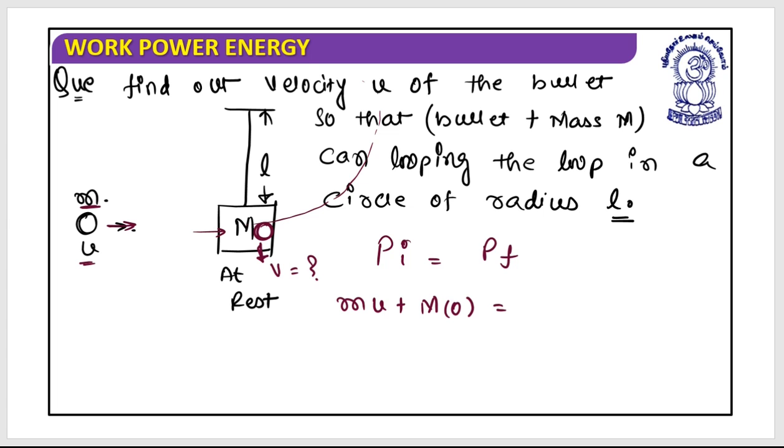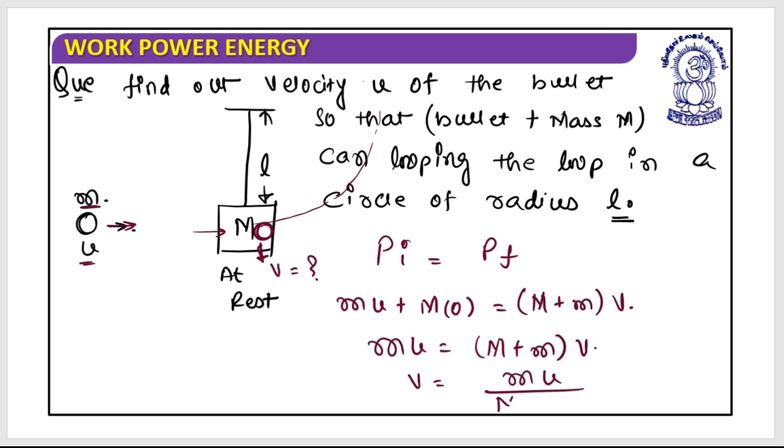Now at this position they are going to embed, so it's (m plus M) into v. So this is mu equals (m plus M) into v, and v equals m into u divided by (m plus M).